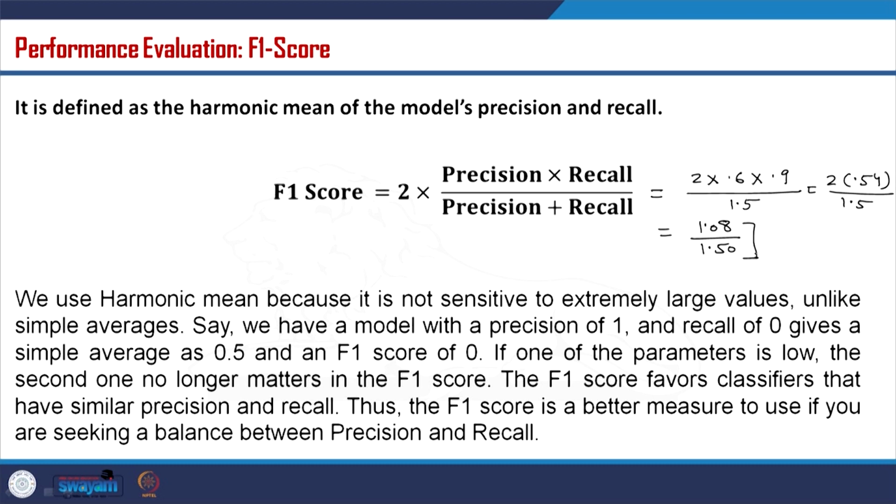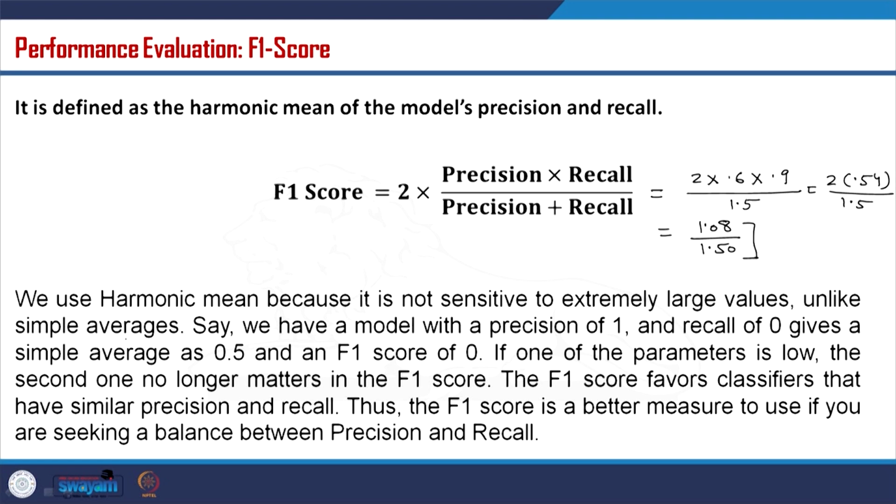And why are we using the harmonic mean? Because it is not sensitive to extremely large values, unlike the simple average. For example, suppose we have a model with precision of 1 and recall of 0. The simple average gives 0.5 and the F1 score is 0, because when recall is 0 in the numerator, everything is multiplied by 0 and becomes 0.